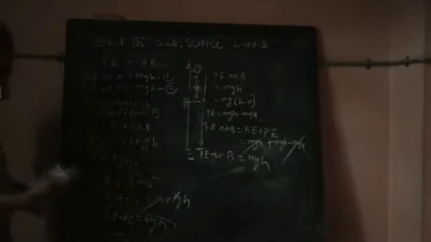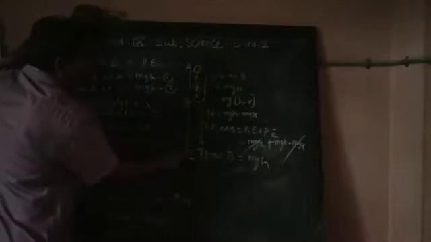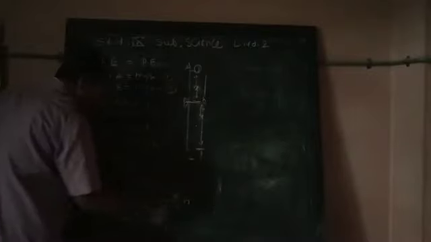Then what about potential energy at C? When it reaches the ground, then there will be the potential energy. When the object is released from point B, its kinetic energy we have calculated, that is mgh.